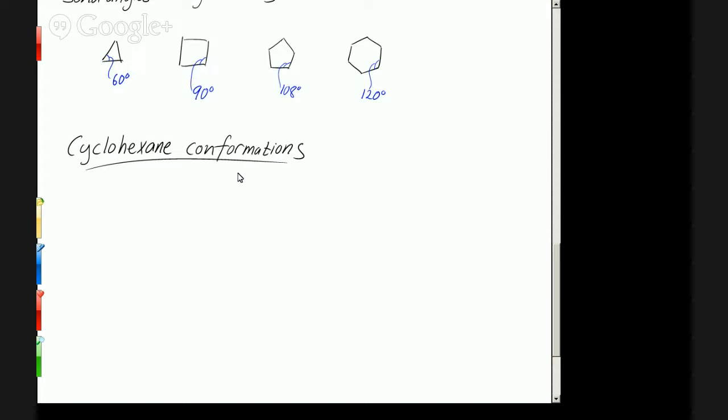Can you see that? So a straight up or straight down, and one kind of going out. We'll give those names in a little bit. You'll also notice that the straight up or straight down alternates. So it goes up, down, carbon to carbon. Right? Okay? And you'll notice that the outside ones also alternate. So they kind of go out at an angle up, and then out at an angle down, and then out at an angle up, and out at an angle down as you keep coming around.